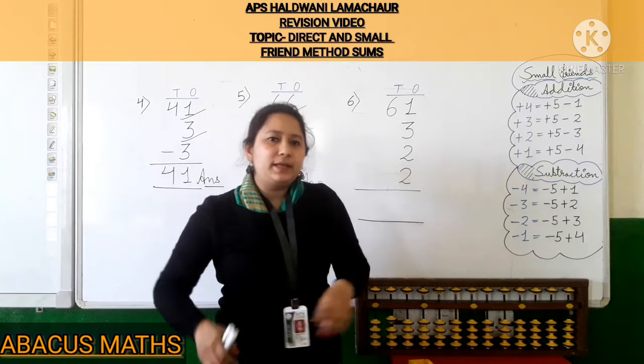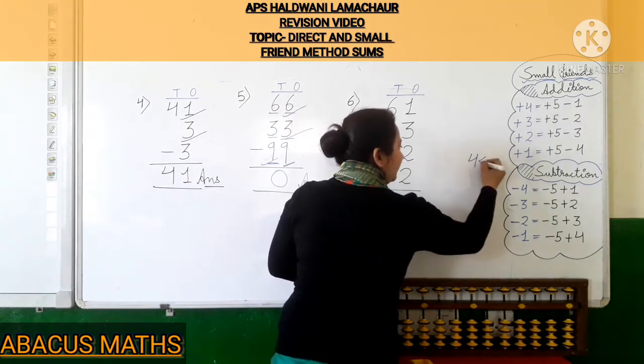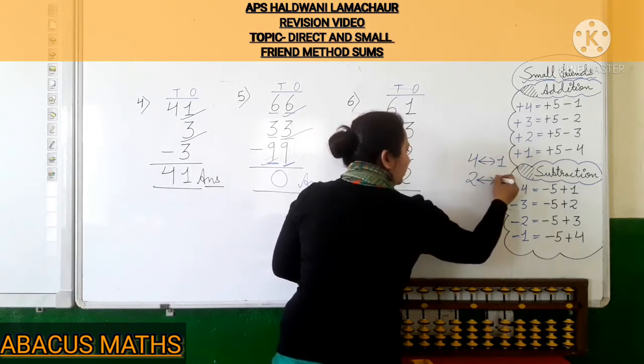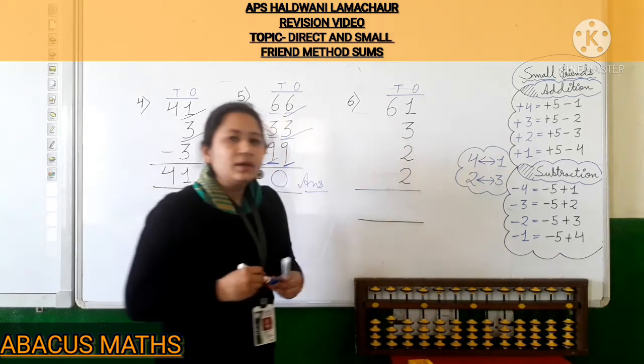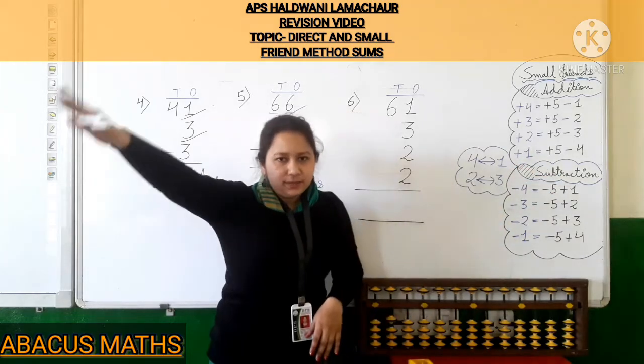And then you will subtract the friend. Now, who is the friend of 4? 1. And who is the friend of 2? 3. The first thing which you will do is add 5 and subtract the friend.